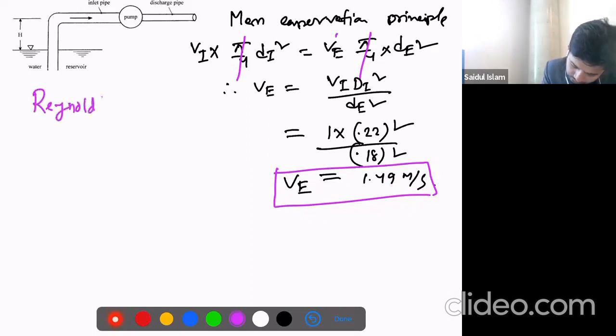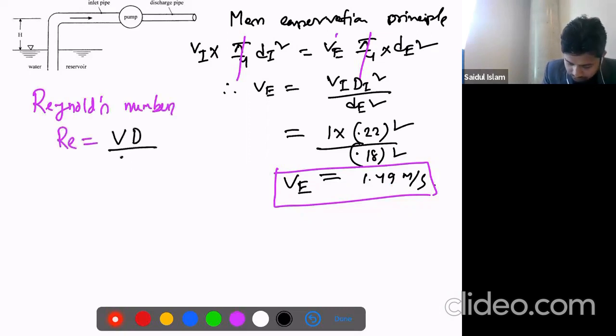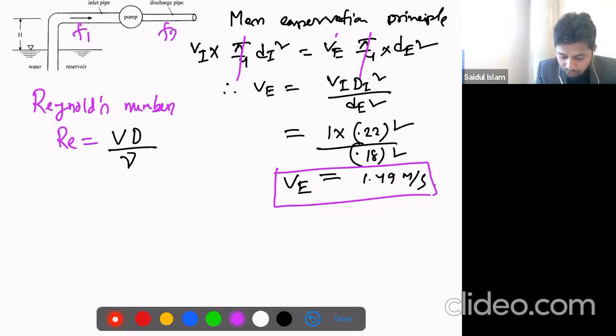The Reynolds number, Re, is equal to velocity times diameter over the viscosity. Look, f2 is associated with the discharge pipe, and f1 is associated with the inlet pipe. We calculated f1 earlier. Now we need f2, that means the discharge pipe. So we need the velocity for this outlet, this pipe diameter, and this kinematic viscosity.